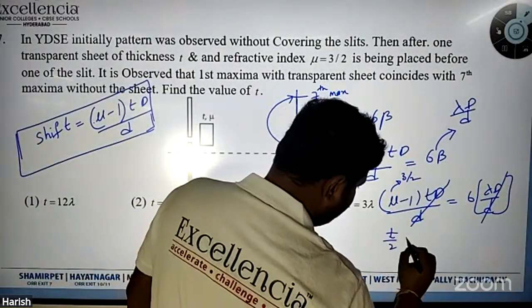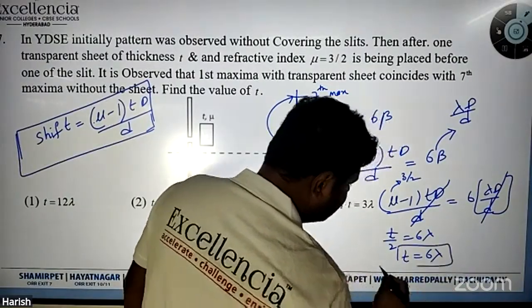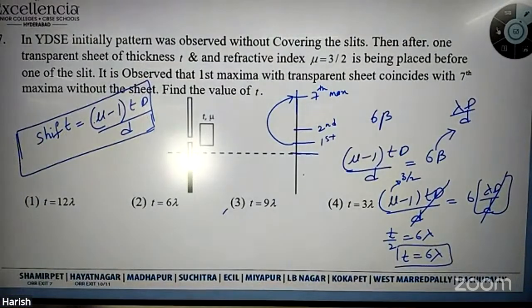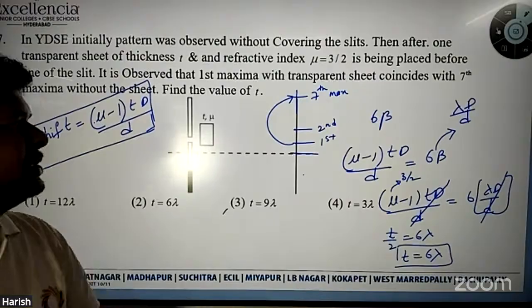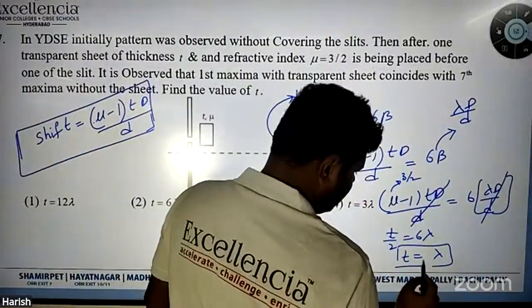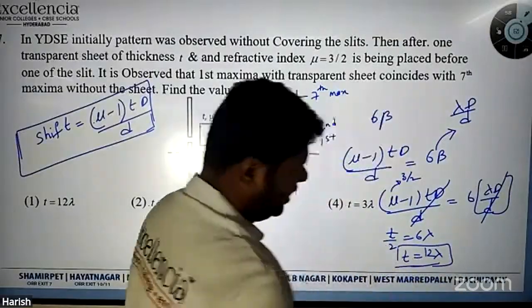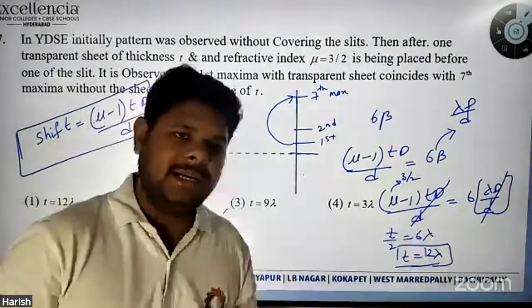So t by 2 is equal to 6 lambda. So the thickness of that slab which is placed in front of the slit is 12 lambda.